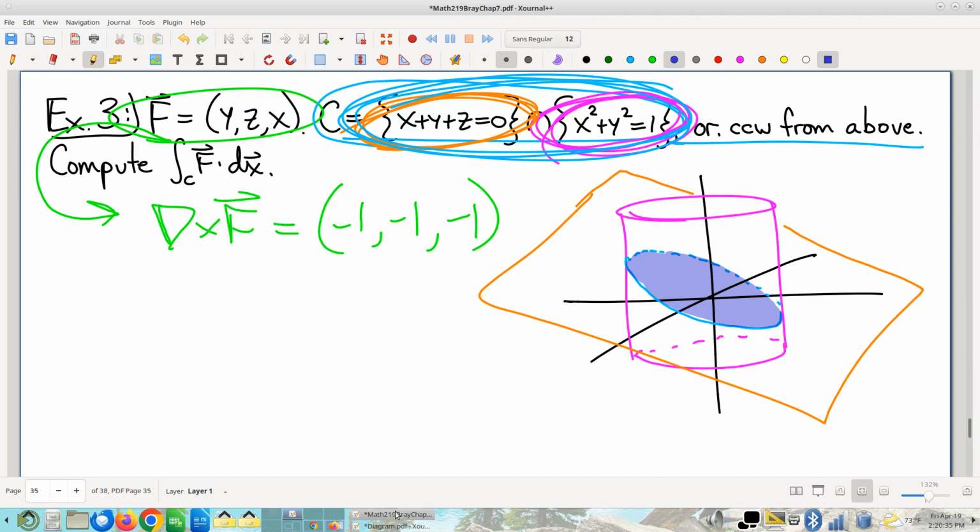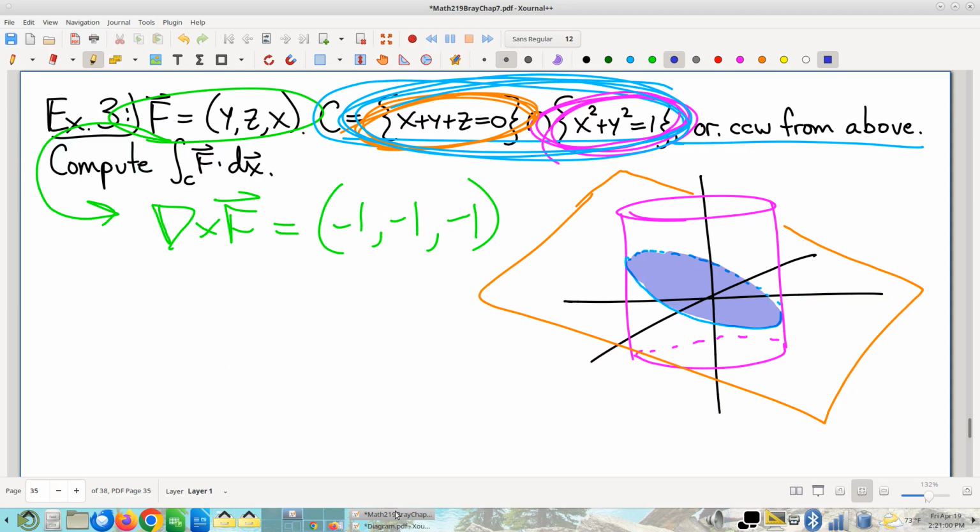So if I want to brute force this question, pulling back through the parameterization, I'm going to have to parameterize the curve. Not that bad in this case either. x and y become sine and cosine. z is just negative x minus y.